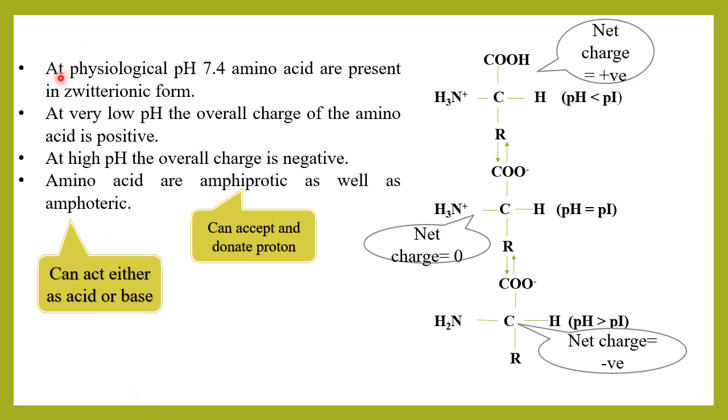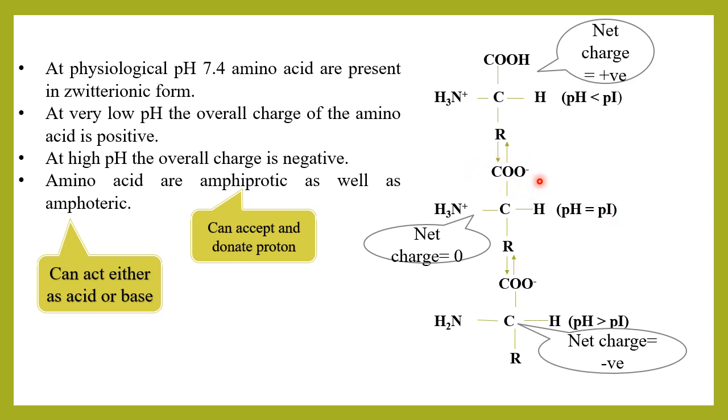Here this point says at physiological pH 7.4 amino acids are present in zwitterionic form, which means they have both negative and positive charge. Zwitterion means a molecule consisting of both these charges. You will see that every amino acid has a specific pH where it will exist in zwitterionic form. You see here in this structure, at its intermediate pH, this carboxyl group is acting as an acid.